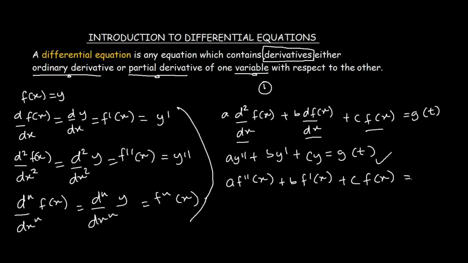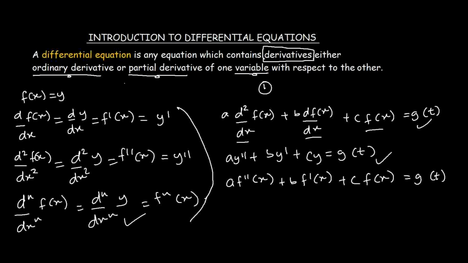This will be equal to g of t. This is also a different form of this differential equation that you have here. So now you see that knowing the different forms that the derivative of a function can be written in is very important. So please take note of what you have here.